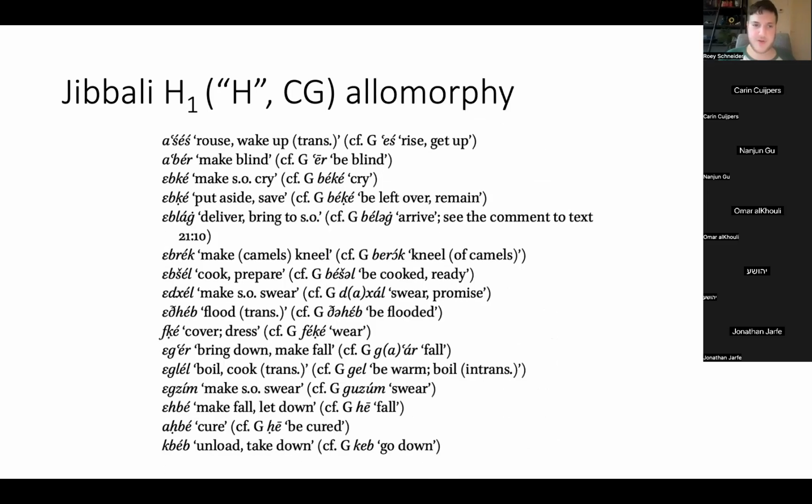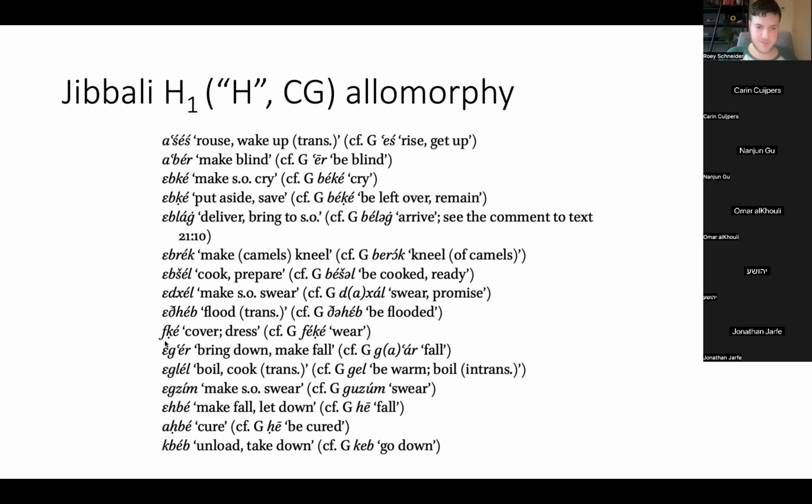And these are some variants for the H stem. So there's a lot of allomorphy in general in modern South Arabian. If the first radical is a guttural, the prefix is a, so a'shesh, a'ber. If the third radical is a guttural, the vowel is a instead of a.